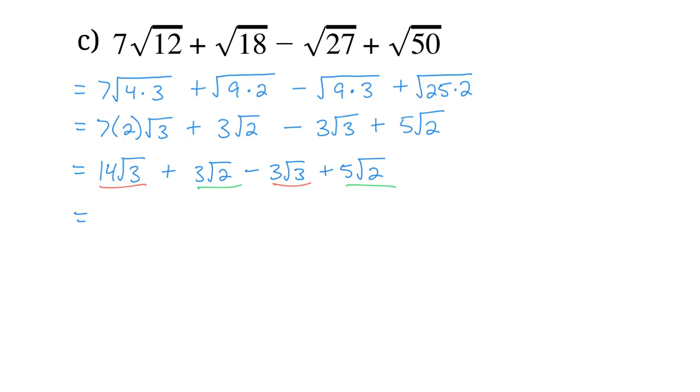So 14 root 3 minus 3 root 3 is just equal to 11 root 3. And then we got 3 root 2 plus 5 root 2. That is equal to 8 root 2. Okay, and we can't simplify anything any further, so we are done.